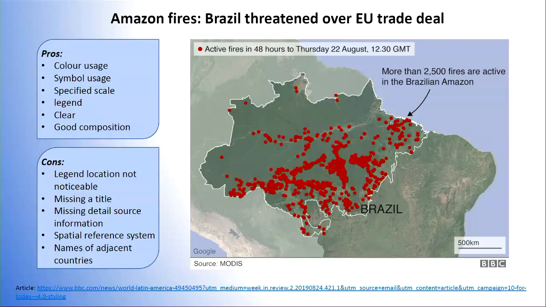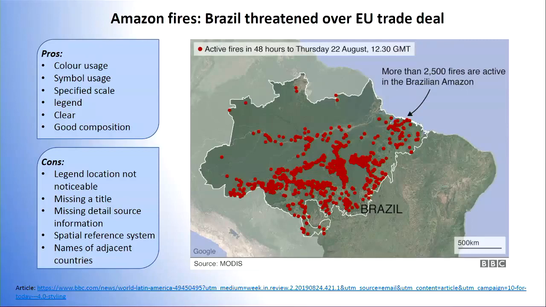For example, the symbols and the color usage are reasonable: green representing the areas and red dots representing the active fires in the 48 hours to the 22nd of August. This map clearly displays the information of the Amazon fire sites, has good composition, and contains a scale and legend.